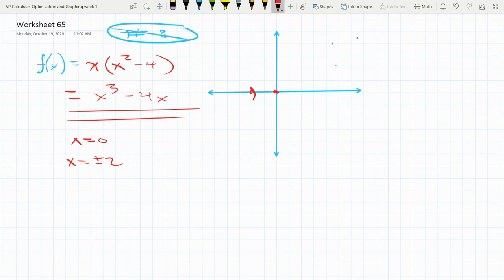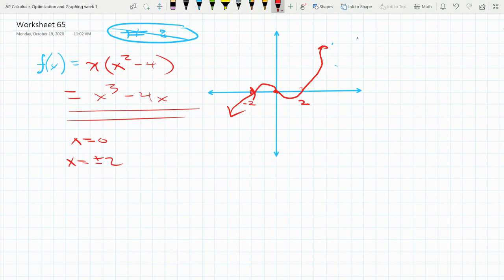So we're at negative 2 here, and we're also at 2 right here. So if we look at this graph, this graph is not very good. So we go here, and then we go down like this, and then we go like that. Something like that, right? Oh, man, that's horrible. I'll get better at this, I hope.